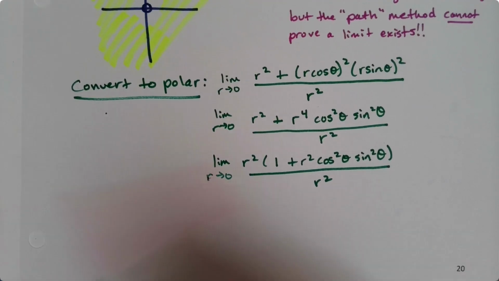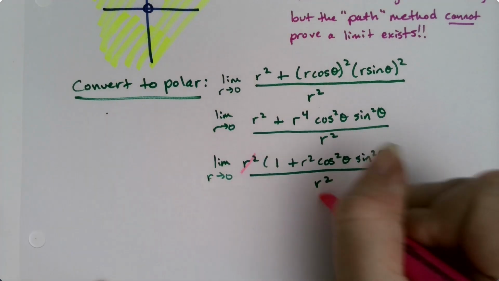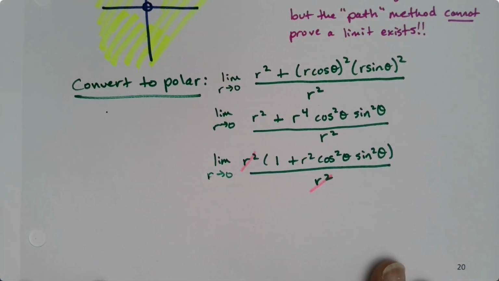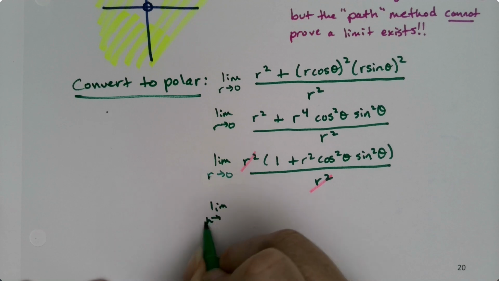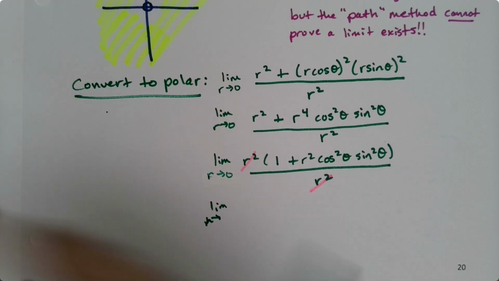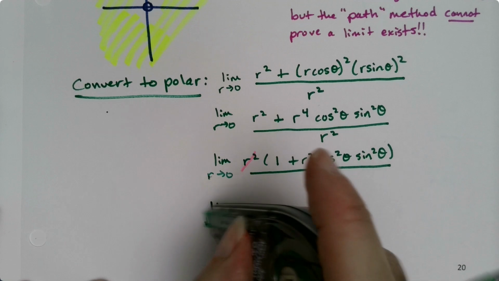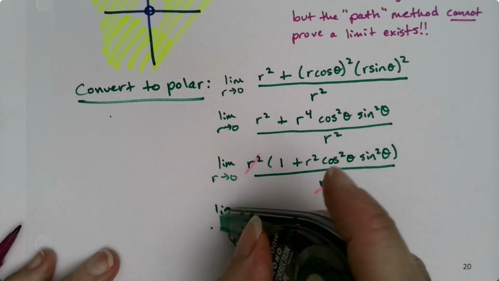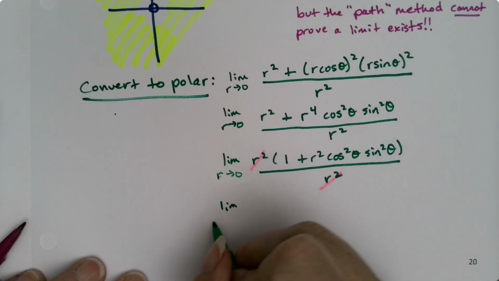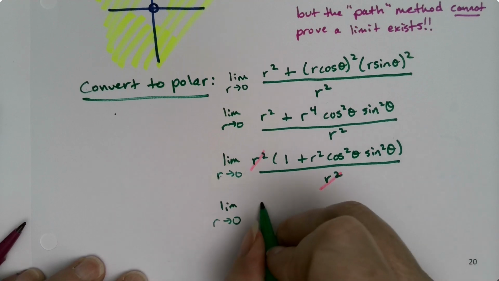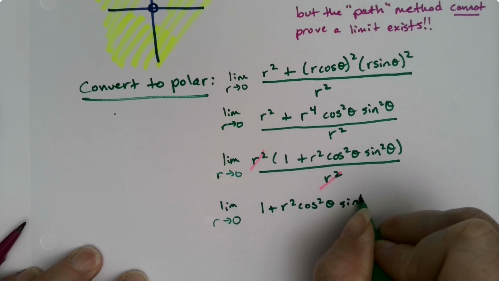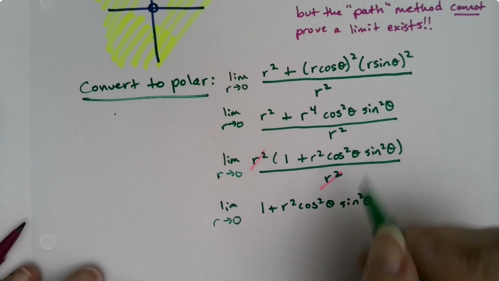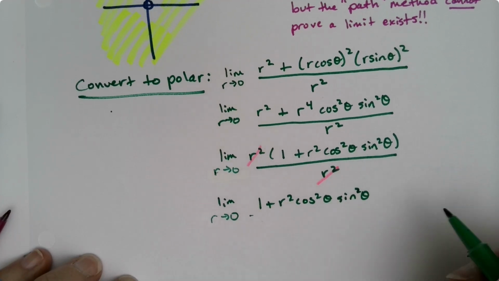All right, well, the r squareds are multiplied now, so they will divide away and make 1. And that leaves me the limit as r goes to 0 of 1 plus r squared cosine squared theta sine squared theta over 1, which is nothing.